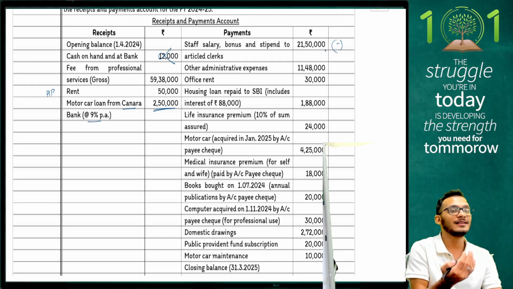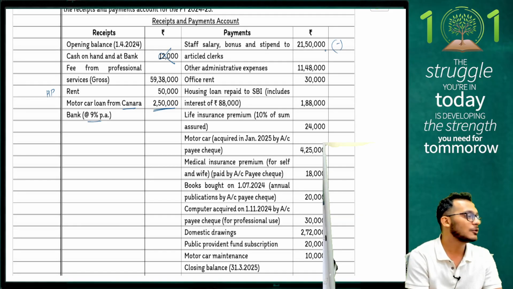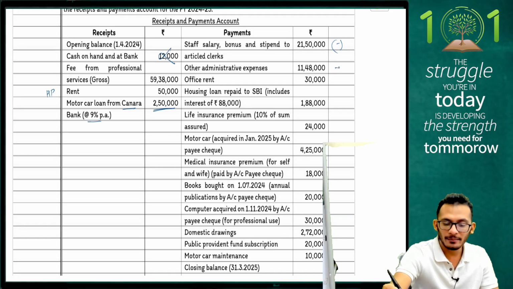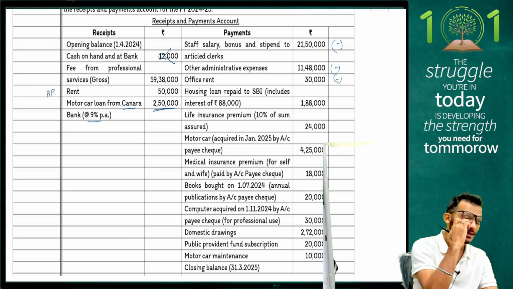When you're preparing the P&L, this is an expense for you. You have to claim it as a deduction. Other administrative expense, claim. Office rent, claim. Housing loan repaid to SBI includes 1,88,000, which has interest of 88,000.